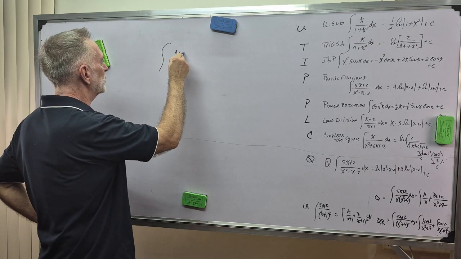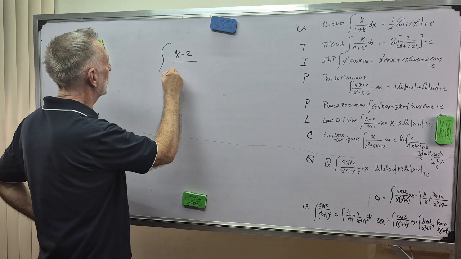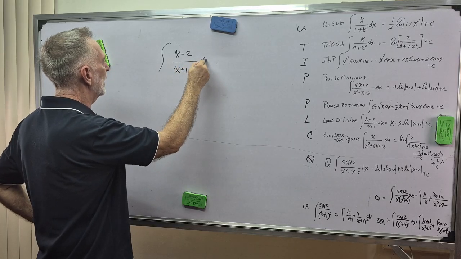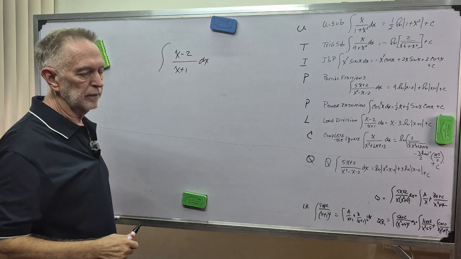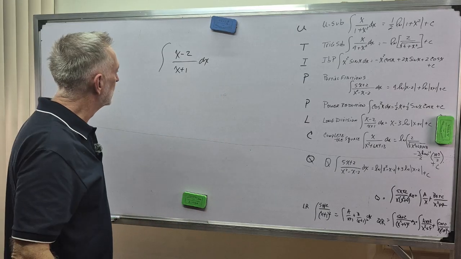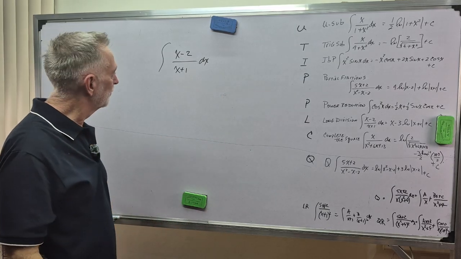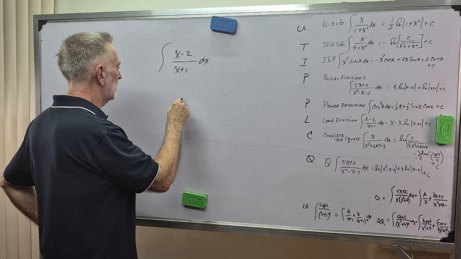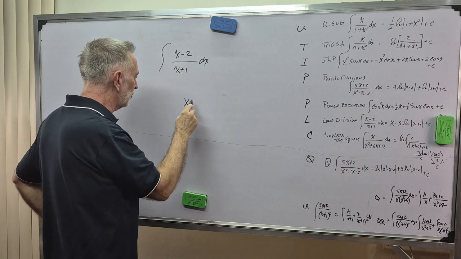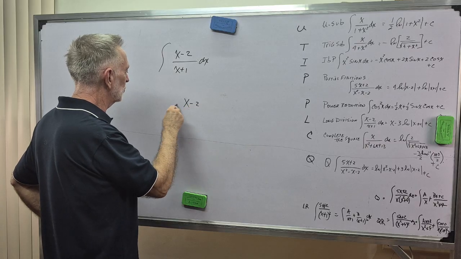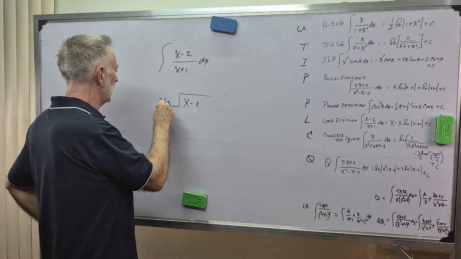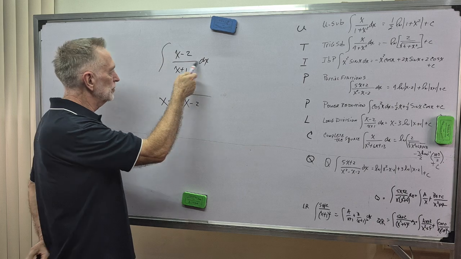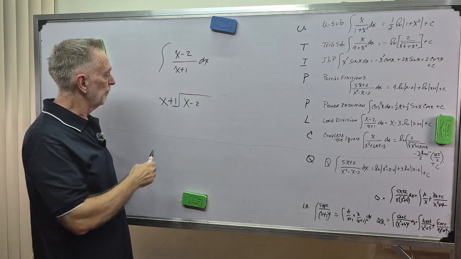Let's say I have the integral of x minus 2 over x plus 1 dx. How do you integrate that? Well, I don't know. So what I do when I look at something like that, if I can't factor anything out, that's one of my rules: when in doubt, factor. Well, it's divided, so I'll just go ahead and divide it.